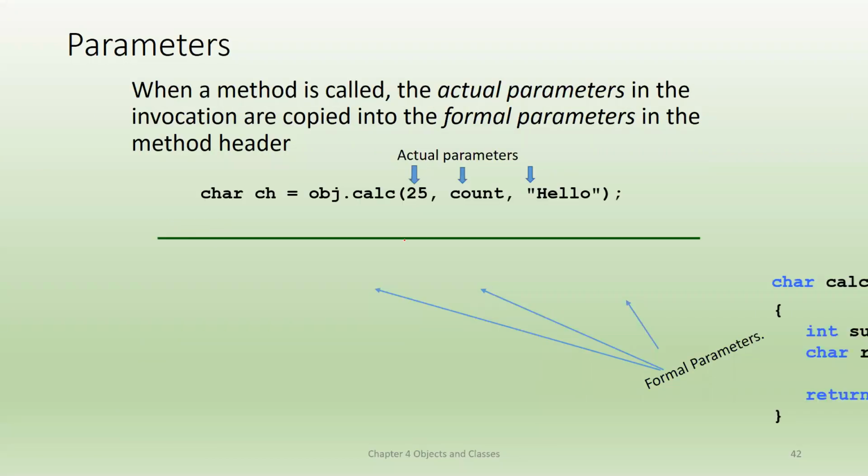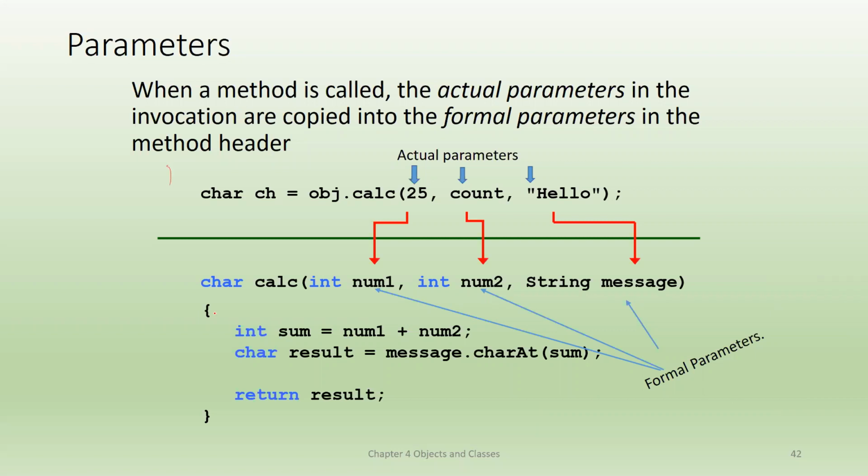So here is how it works. This is the method definition, right? When you call a method, you use the object name to call the method. And because this method returns a char, you assign whatever is returned to a char variable, ch. And this 25 goes to num1, count goes to num2, hello goes to message.